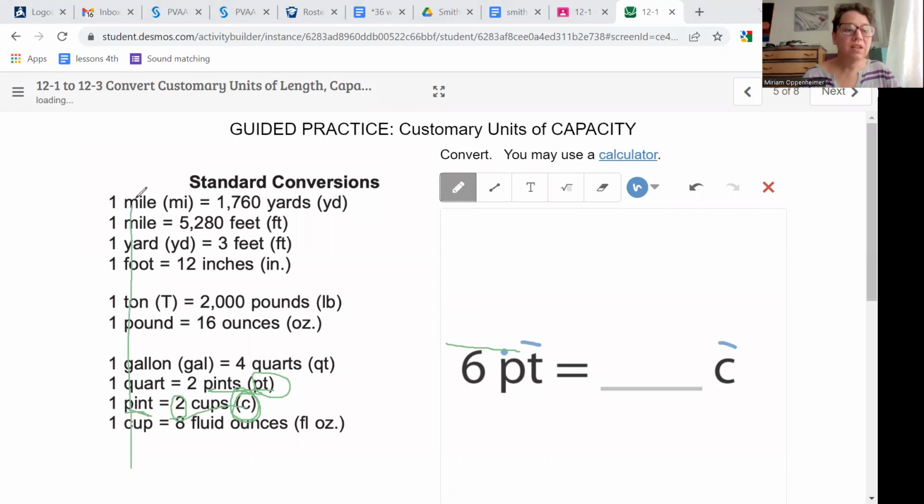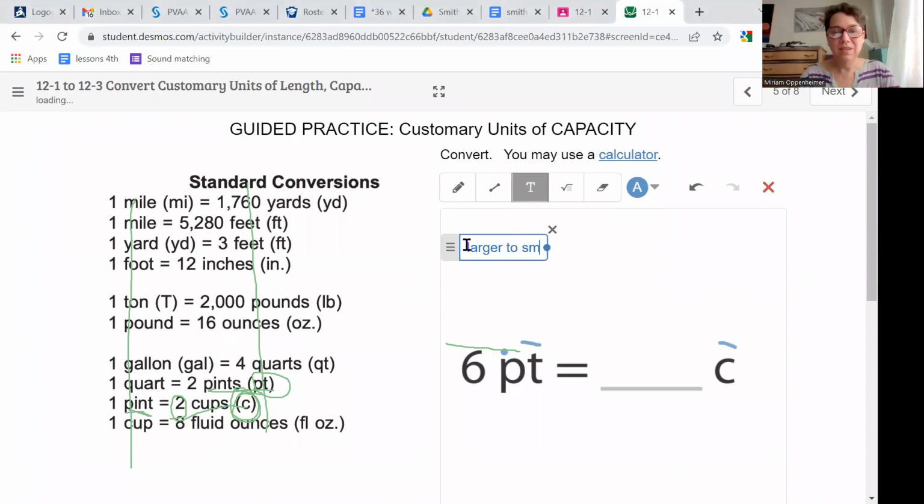So remember, these are the larger and these are the smaller. If I want to go from larger to smaller, what should I do? I have to multiply.